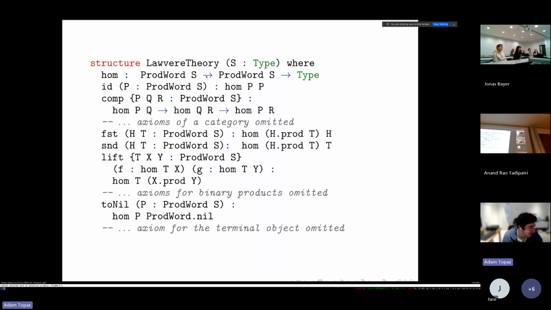Yes. Okay, you're right. So I could have somehow not registered the category instance on prod word S. That would have been fine. But then using the category structure doesn't buy you anything useful, because you still have to construct another category structure on an alias of prod word S associated to a Lawvere theory L, right?